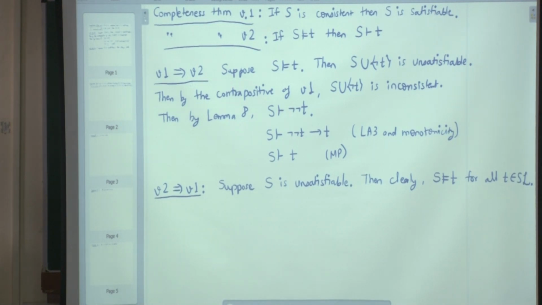Okay, and once this happens, then by version 2, T is deducible from capital S for all T. What does that mean?